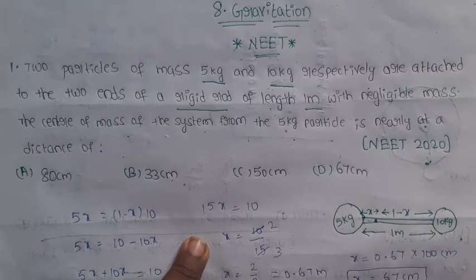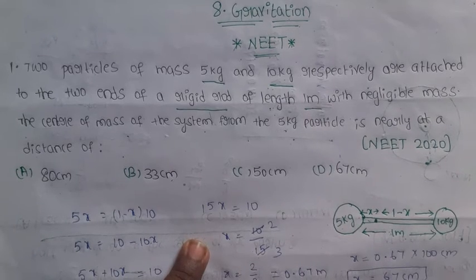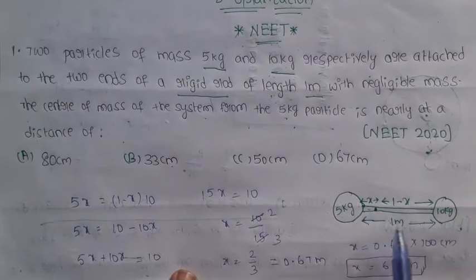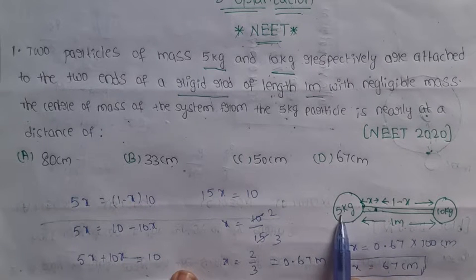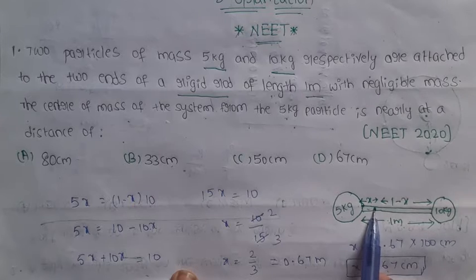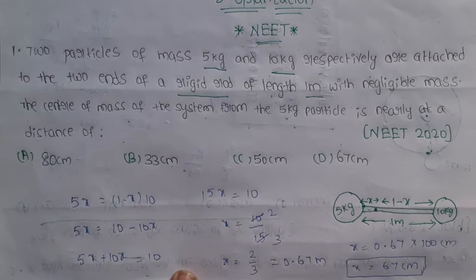That is the answer. So here the distance is 67 centimeters. So the distance from the 5 kg object to the center of mass is 67 centimeters.